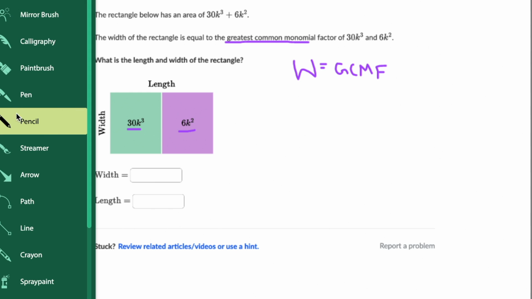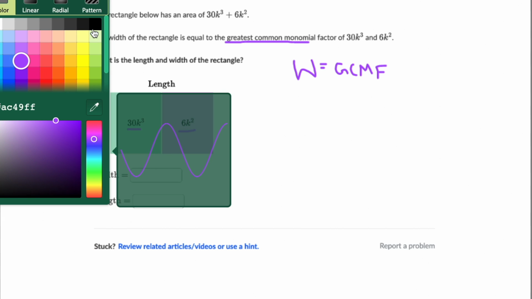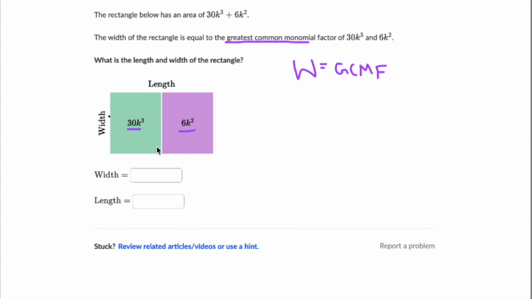Basically, you look at it and see that the greatest common factor of 30 and 6 is 6, because 6 can go into 30. And the way I find the greatest common factor of variables like k squared is I look at the one with the least power.